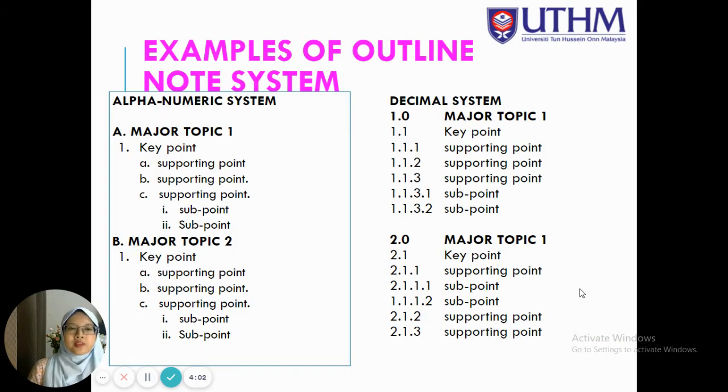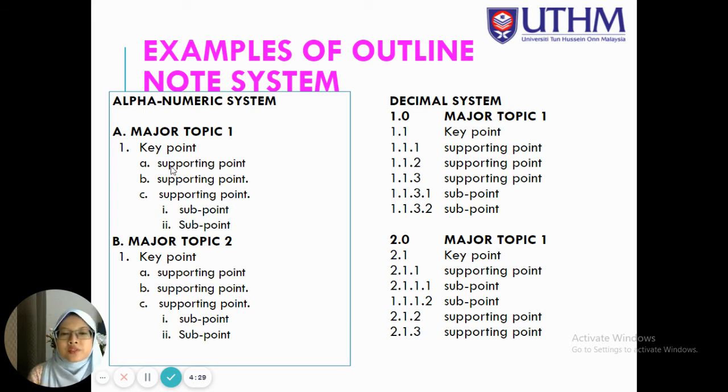For an example of the outline note system, as you can see here, there is an alphanumeric system where you can see 2 parts, part A and B. Part A is major topic 1, and part B is major topic 2. Inside part A, you can see number 1 here, the key point, which is the main idea.